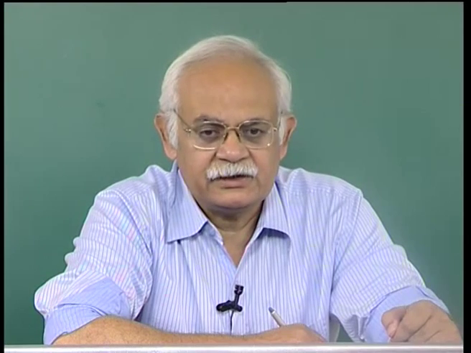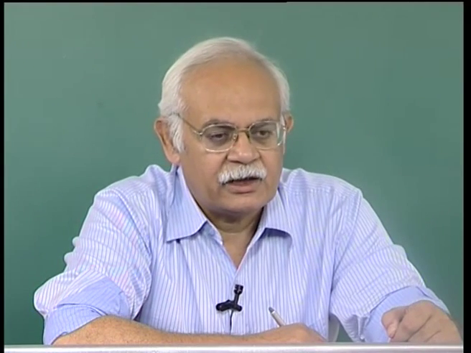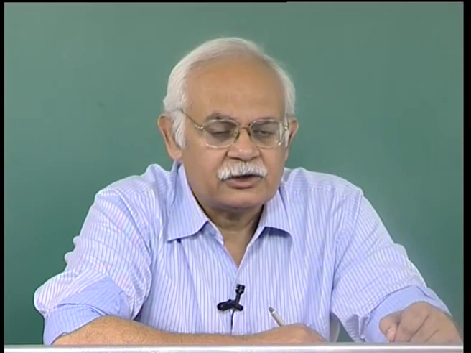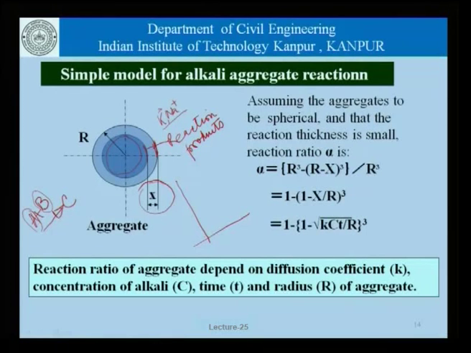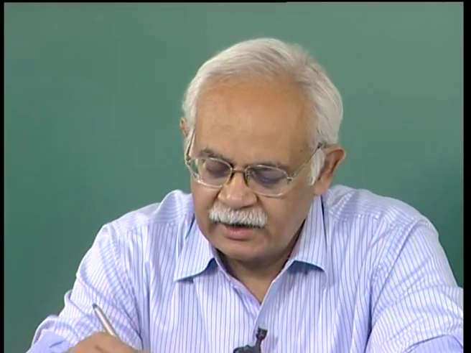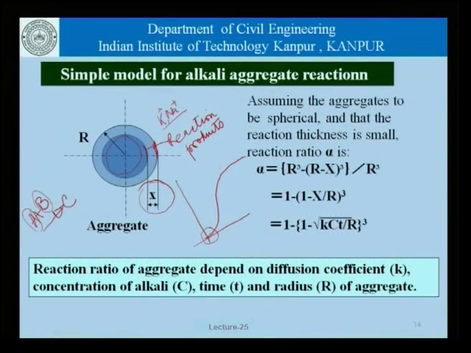And this simple qualitative description is what we can offer to explain why the expansion of the alkali aggregate reaction follows an S curve kind of behavior. Initially, when the sodium and potassium ions are permeating, this may take some time when the reaction picks up, and gradually the rate of reaction increases, but at a certain point in time it ceases.